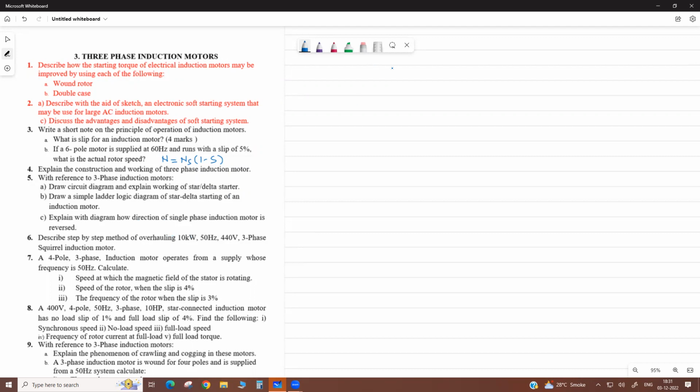So you know in single phase motor there are 2 windings. One is the main winding. Other is auxiliary. In this auxiliary, sometimes a capacitor is also there.